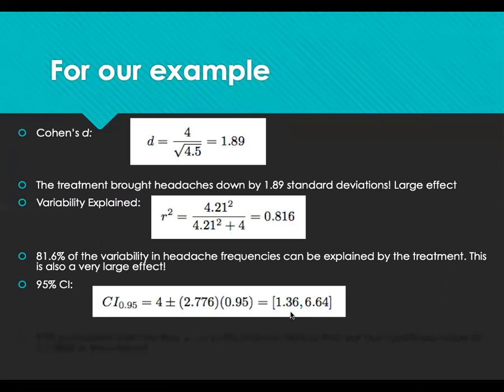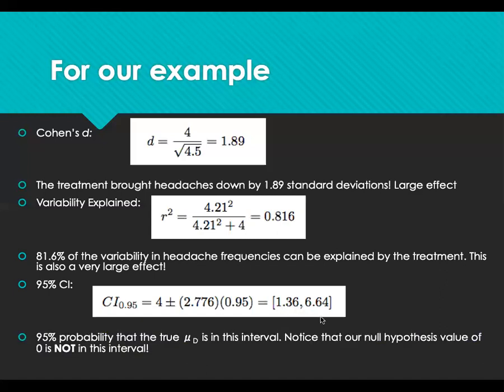Here you're going to get 1.36 to 6.64. And again, the English interpretation of that is that there's a 95% probability that the true population mean difference is in this interval, between 1.36 and 6.64. Notice that our null hypothesis value of 0 is not in that interval, right?